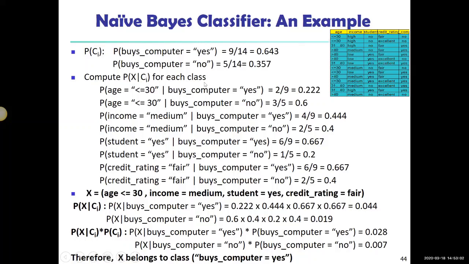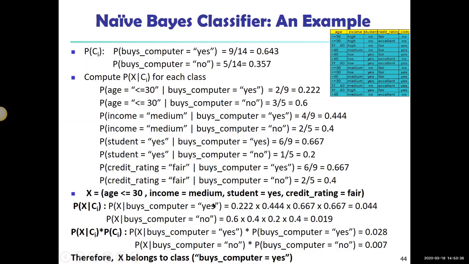Then we compute the second term. For each class, for the yes class, because our example has age smaller than 30 and all those attribute combinations, we end up needing all those values. X covers all those four attributes. So individually, we compute their conditional probability, and then we put them together.